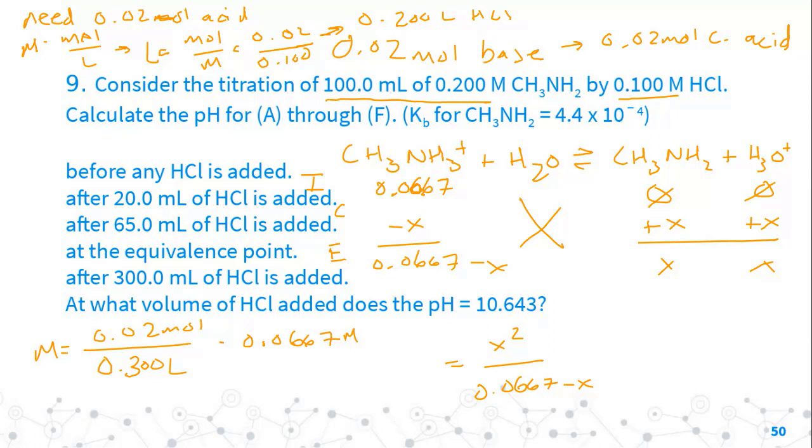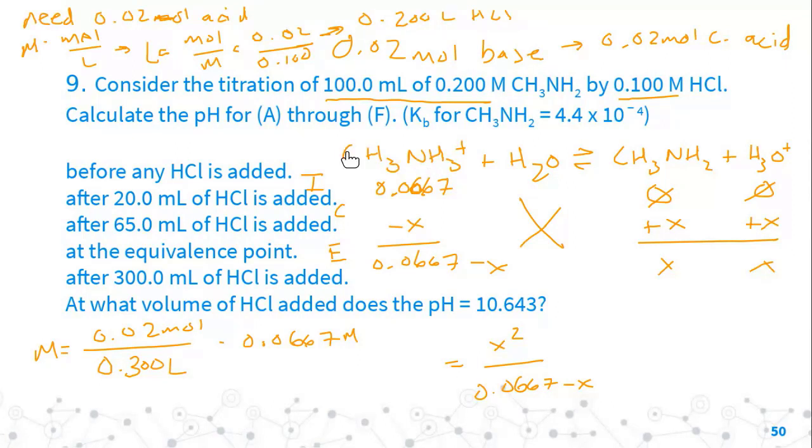We use Kb whenever we have a base that is reacting with water or something. However, if you notice our reaction here, we produce H3O plus, right? That means our species right here is an acid. Therefore, we have to use Ka.